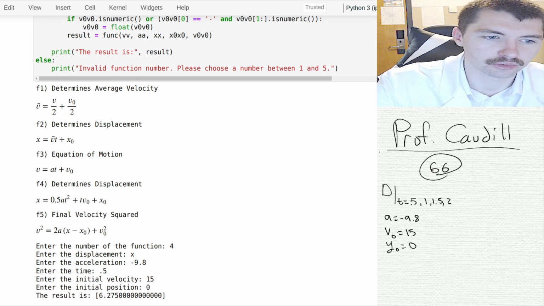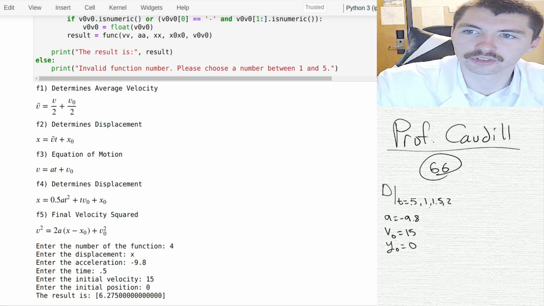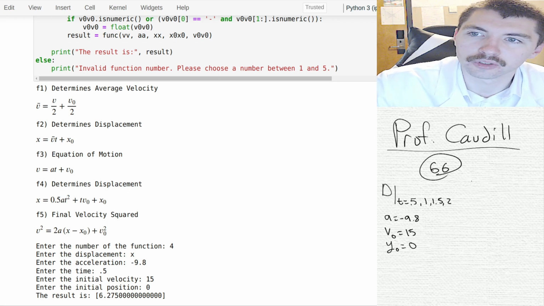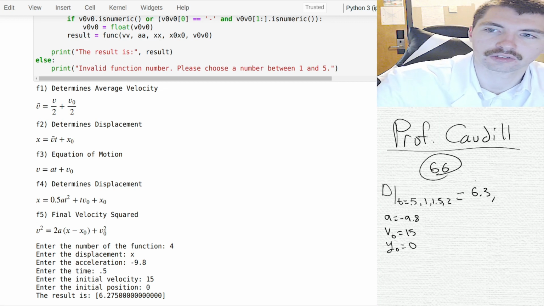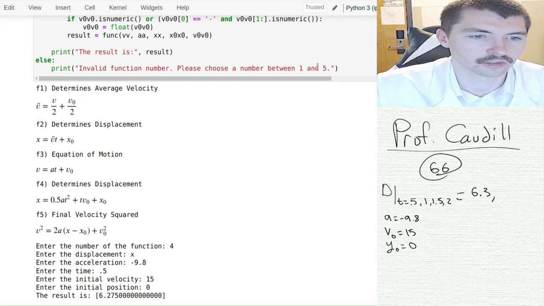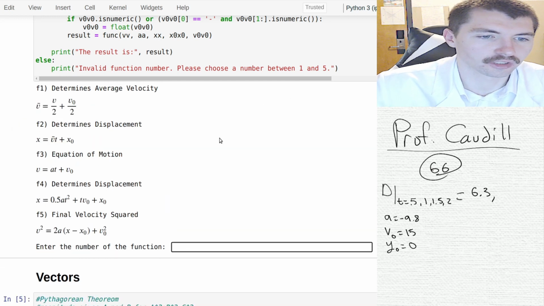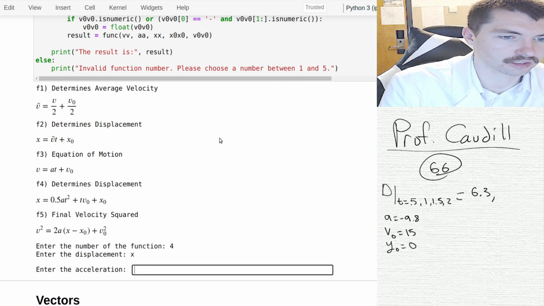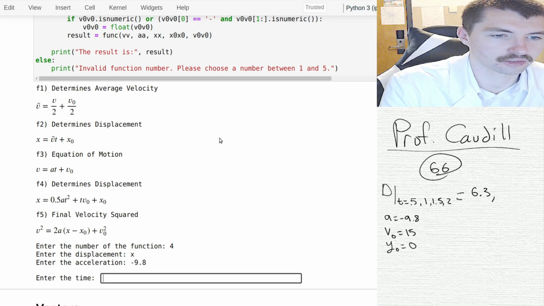Okay, so we're going to get 6.25, which is 6.3.